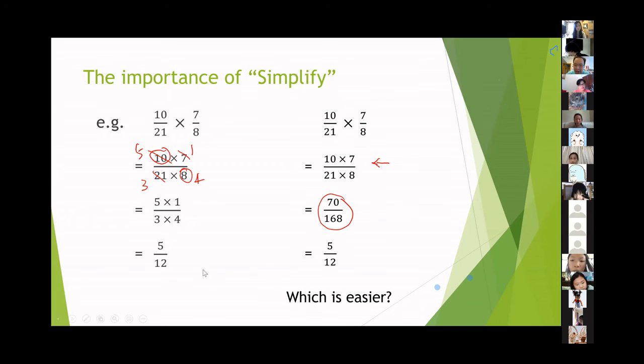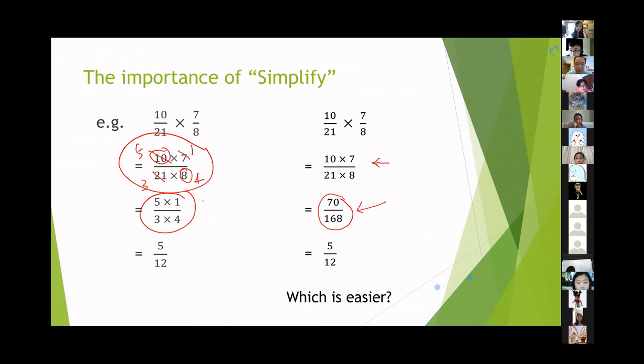Okay, I would like to ask you this question, which is easier: when you are simplifying first and have some very simple numbers at the bottom, or you just close your eyes and do the multiplication first, and then you get a very, very big fraction? The first one, of course, will be easier.